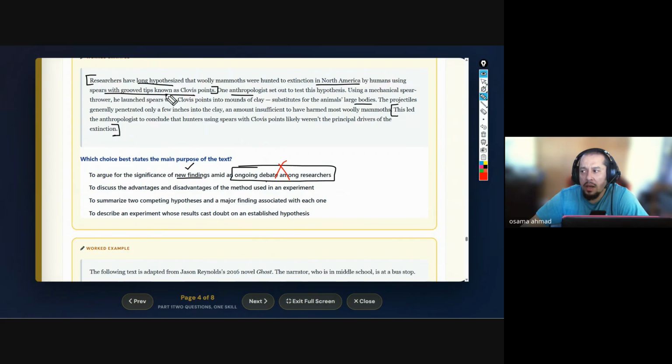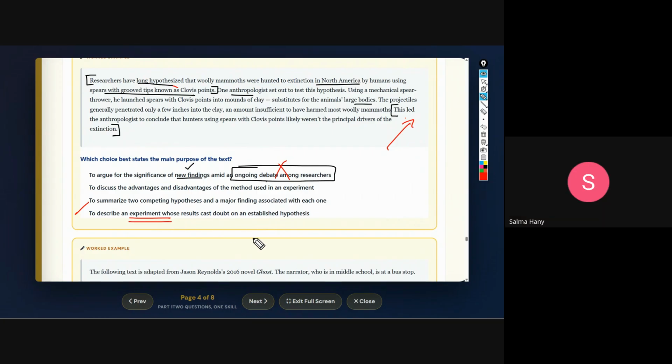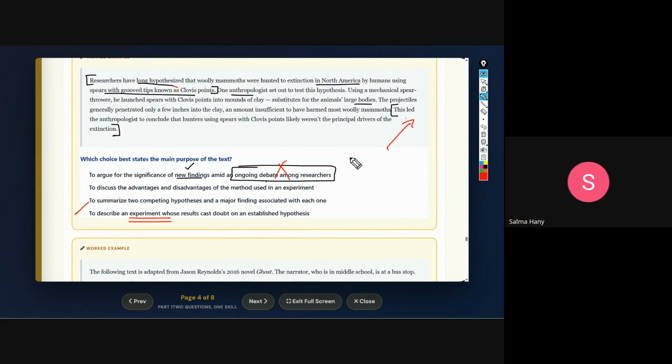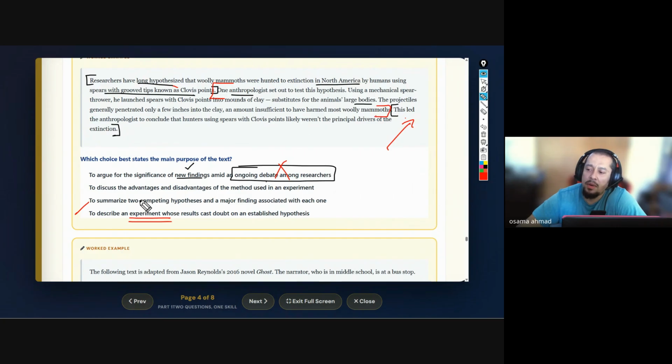You're confusing a hypothesis that was shown to be wrong with a debate. The answer is D, right? To describe an experiment, do we describe an experiment? Yeah, this describes the experiment.